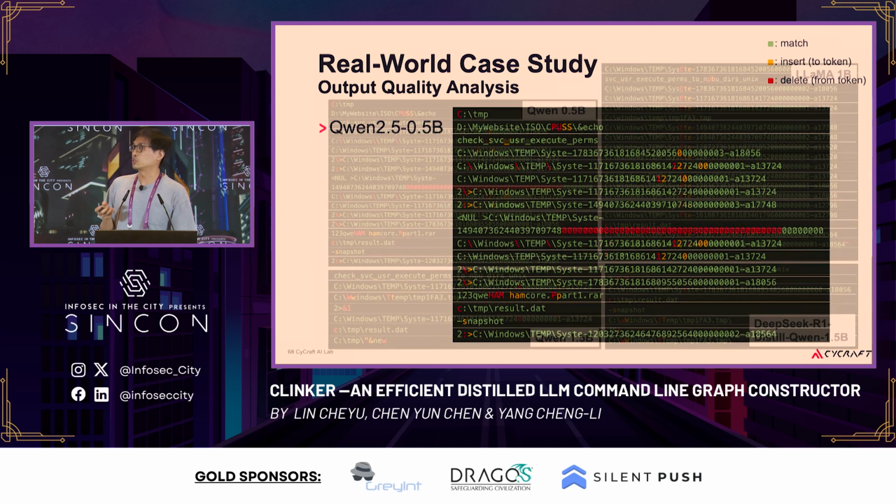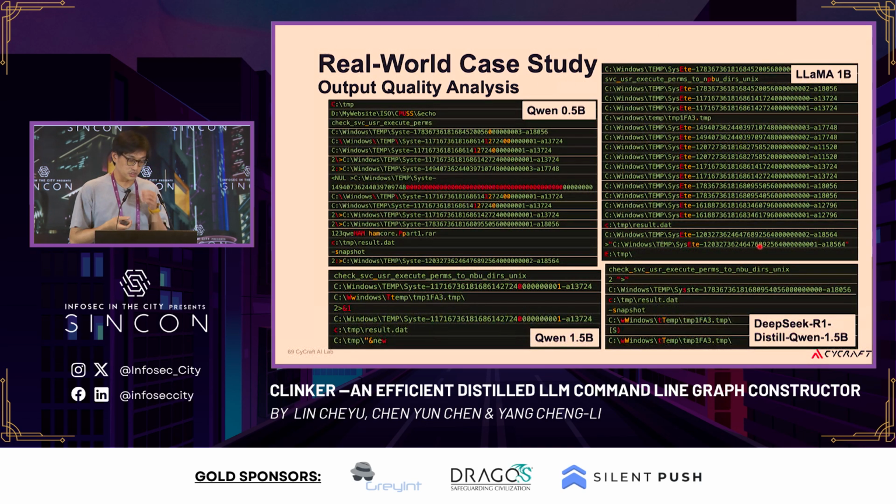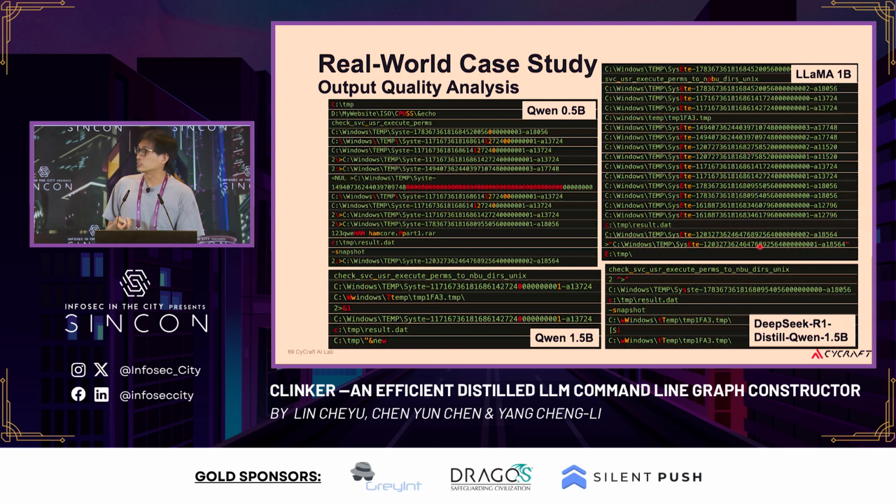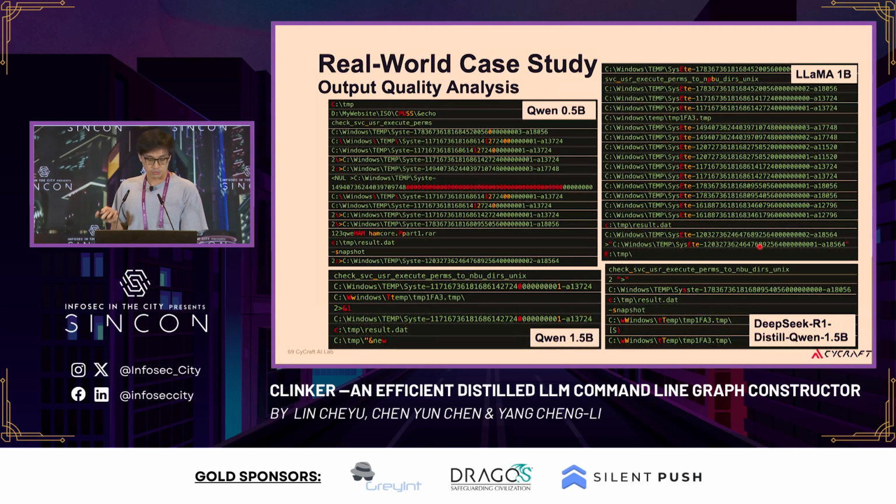So if we look into the results generated by different language models, there are some observations. First, the Llama 1 billion model seems to have more typos, more wrong tokens, compared to the 0.5 billion model. But the way it makes mistakes is quite consistent, like having a lowercase t replaced by an uppercase e.